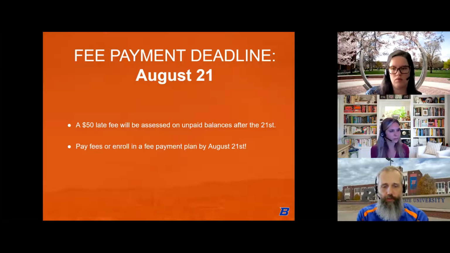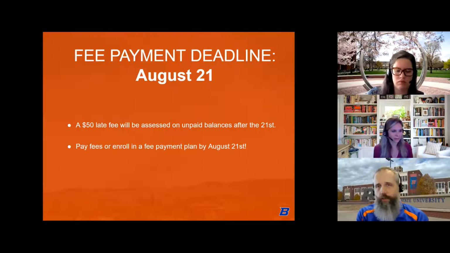If you don't have that set up, and if there are any fees still there after August 21st, the fee office will issue a $50 late fee that'll be assessed at that time. But like I said, there is a payment plan that you can enroll in. That definitely makes it easier to take care of any leftover fees, or if it's the full amount of that semester.